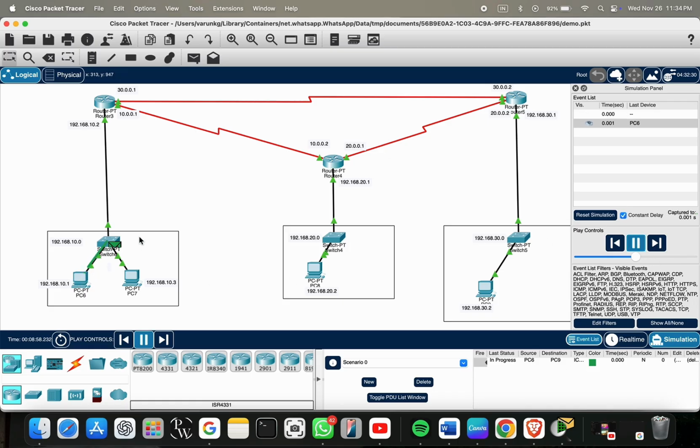From PC it is going to the switch. From the switch it is going to router 1, and from router 1 it is going to router 3, which is the shortest path among all of these. From router 3 it is going to the switch, and from the switch it is going to PC4.